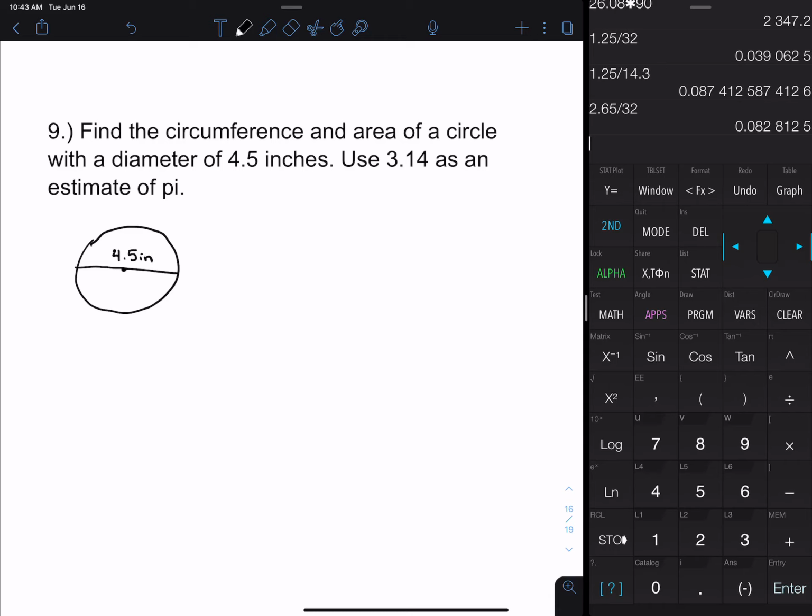So for circumference, we have two different formulas for a circle. The circumference is pi times the diameter, or the circumference is 2 times pi times the radius. Right? The diameter is when we have something that goes from edge to edge through the middle of the circle. The radius is when we have something that goes from the middle just over to one side of the circle.